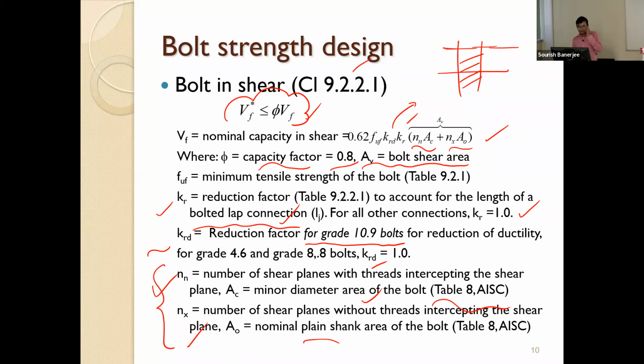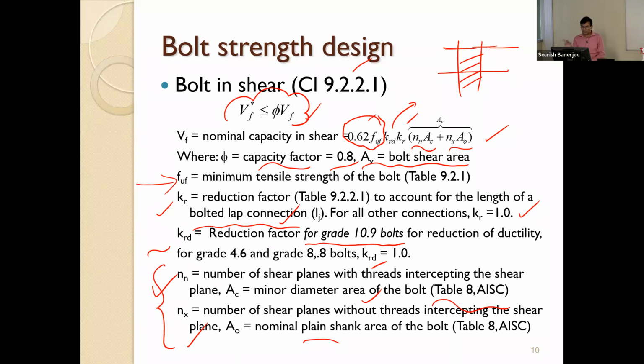So this is your shear capacity, and then we multiply by this factor. Now, what is f_uf? It is the minimum tensile strength of the bolt from table 9.2.1. So that's the tensile strength. Then you multiply by 0.62, and in fact, 0.62 times f_uf is what you can call the minimum shear strength of the bolt.